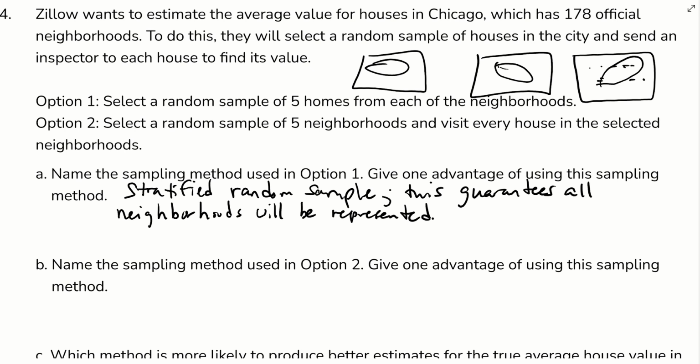Okay, and then option 2, select a random sample of 5 neighborhoods and visit every house in the selected neighborhoods. So again, you're randomly choosing between the neighborhoods, and then once you choose them, you do everybody in the neighborhood, for the ones that you selected.